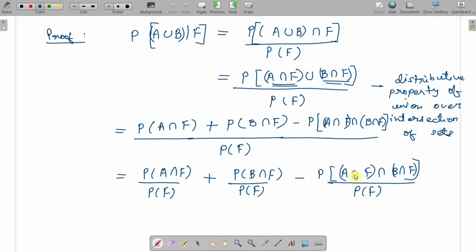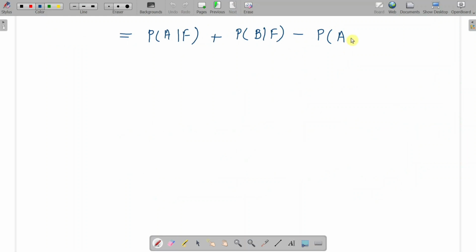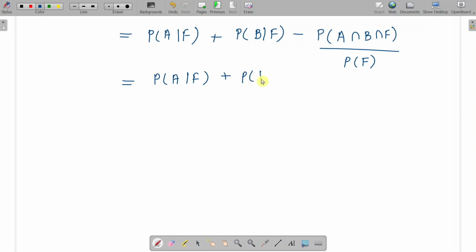So A intersection B intersection F we can write. Okay, the order is not important, A intersection B intersection F and then divided by P of F. So this is equal to P of A such that F has occurred plus P of B such that F has occurred minus probability.